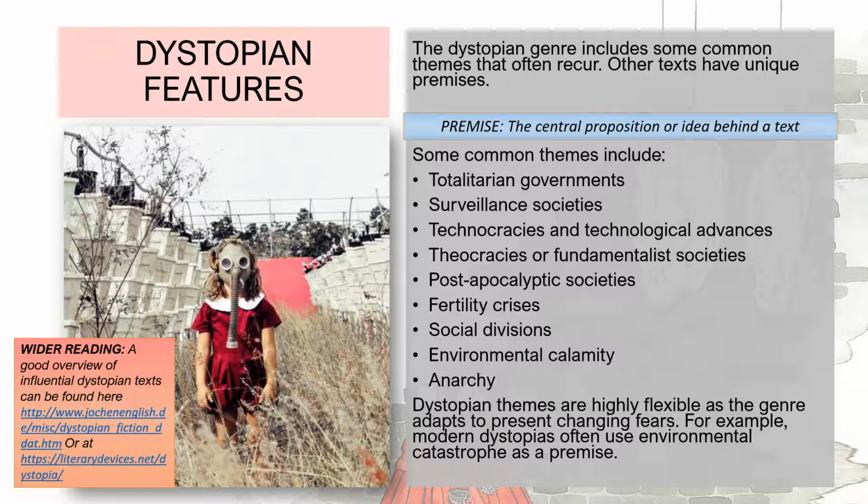Some have, I suppose, unique or fairly far-fetched premises, but there are some essential recurring themes. So what are those central premises in dystopian texts?